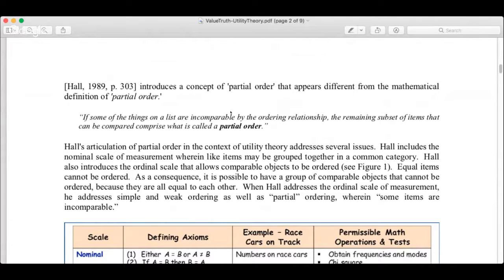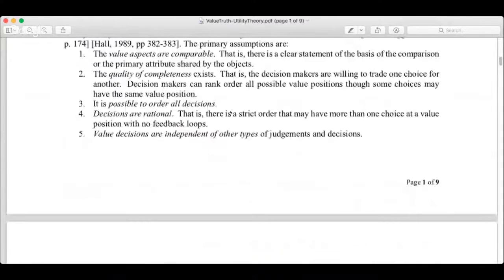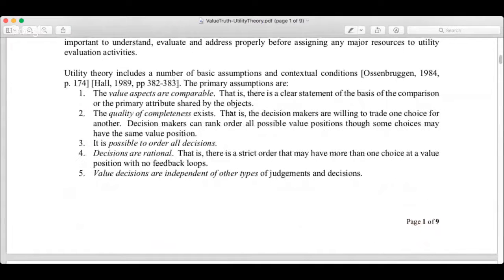And this appears to be different than the mathematical definition of partial order. And it also seems to violate one of the primary aspects here, this quality of completeness, that it's possible to order all decisions.